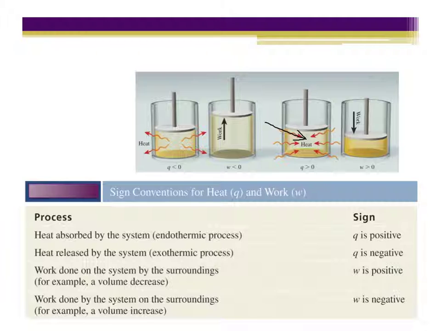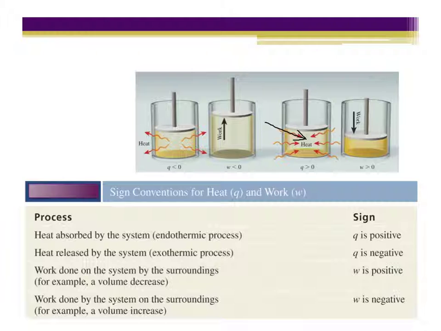Now, for work, when work is done on the system by the surroundings, such as in the compression of a gas, that means that a height is lowered or the imaginary weight is being pushed down. That means that work is done on the system by the surroundings, and therefore work is positive.